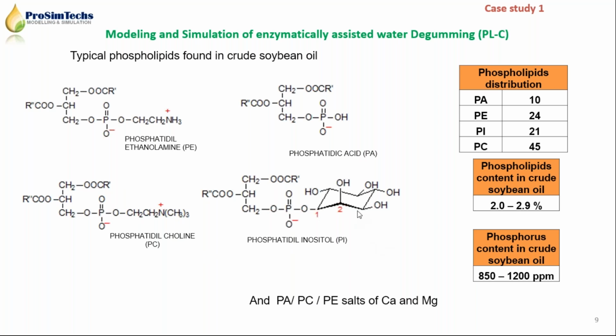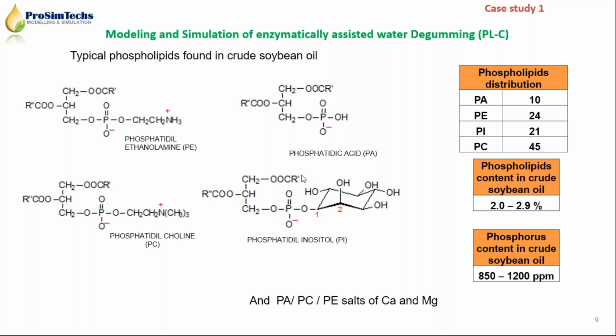In the next slides, you are probably going to hear me mention not the full names, but PA, PE and PC, just because they are the typical initials that are used in our market.